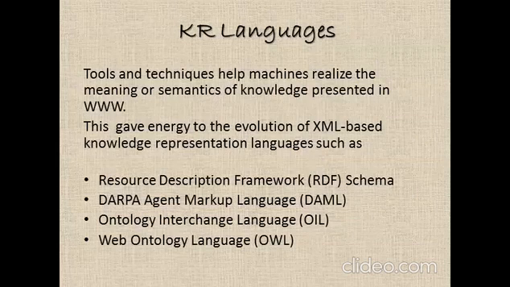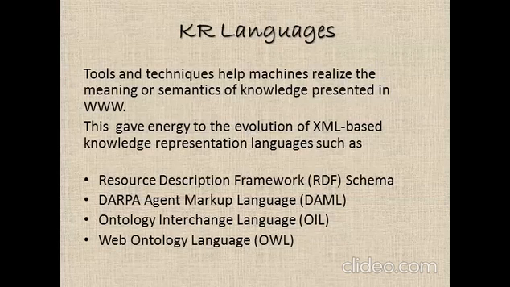With the emergence of tools and techniques, machines realized the meaning or semantics of knowledge presented in the WWW, World Wide Web. Because there we not only need the data, we have to know the meaning as well. So XML-based knowledge representation languages emerged to find the semantics of the knowledge.